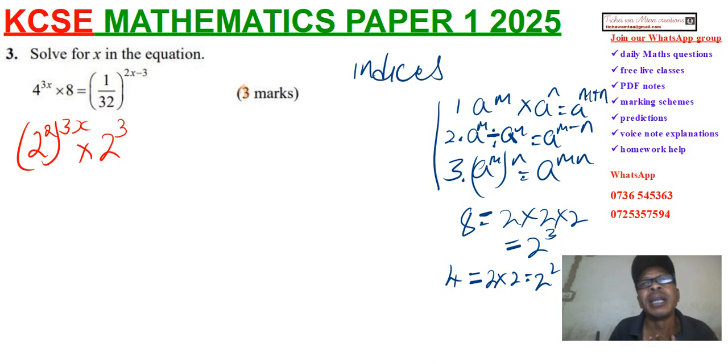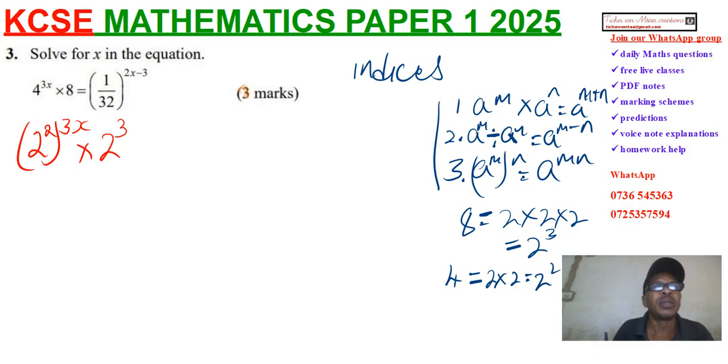For us to use the rules of indices, the base must be the same. This is called the base and this is called the index. For you to apply the rules of indices, the bases have to be the same. That is why we are changing this: 4 we change to a power of 2, 8 we change to a power of 2.